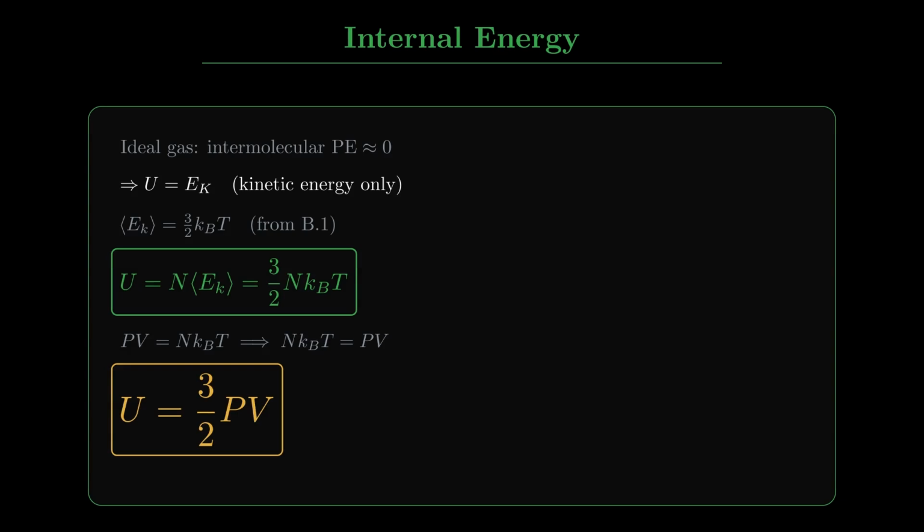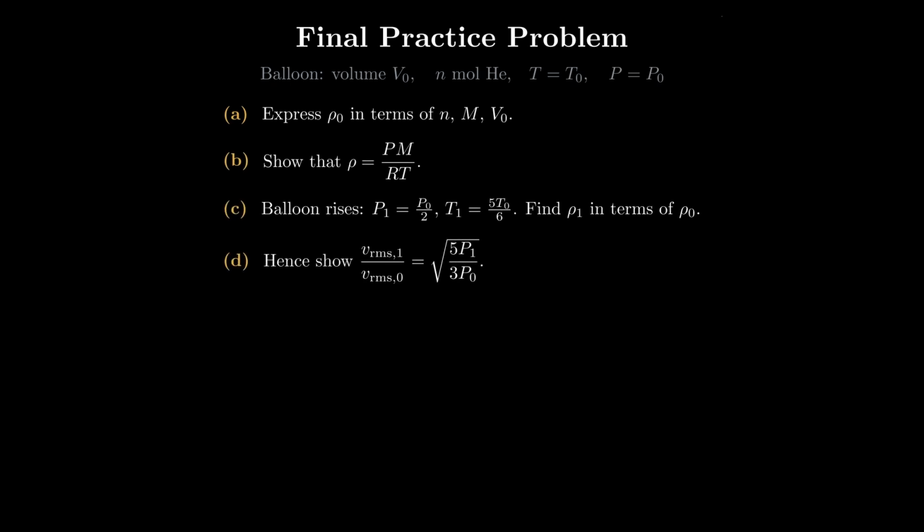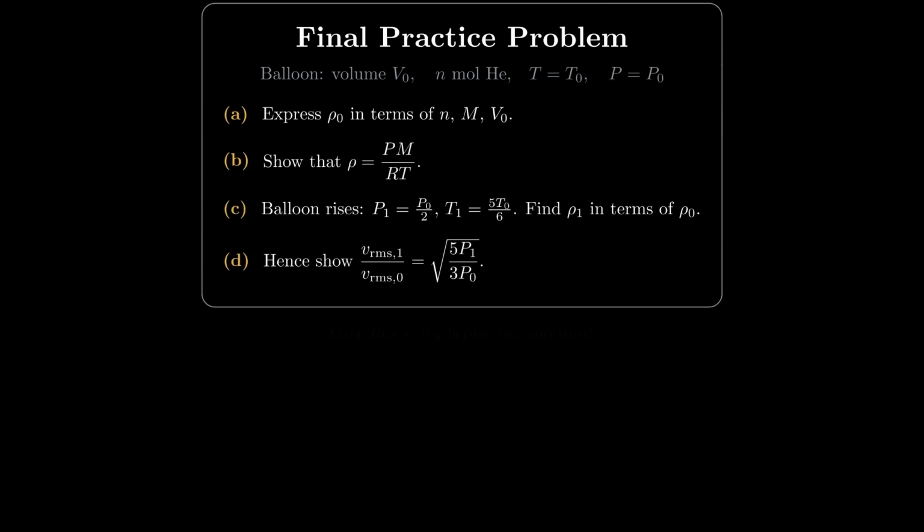Okay, now we have a final practice problem. A balloon of volume V0 contains n moles of helium at temperature T0 and pressure P0. Firstly, derive an expression for density ρ0 of the helium in terms of the moles lowercase n, the molar mass capital M, and the volume V0.